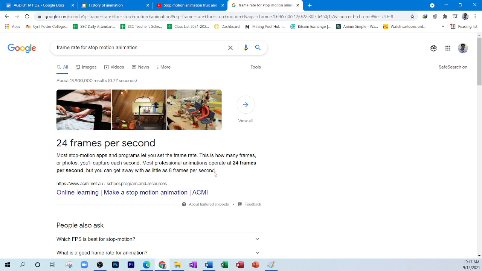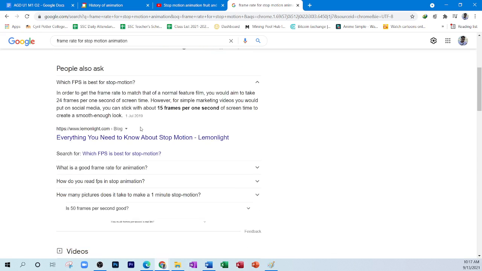So 24 to 8 frames per second, depending on how choppy you want it to be between the frames. 15 frames per second, yeah, that sounds more right. However, for simple marketing videos you would put on social media, you can stick with 15 frames per second of screen time to create a smooth enough look.